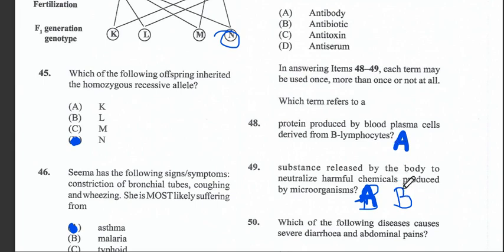But these are a little bit tricky though. Listen, an antibiotic is not a substance released by the body to neutralize harmful chemical produced by microorganisms. That would be A, antibodies.